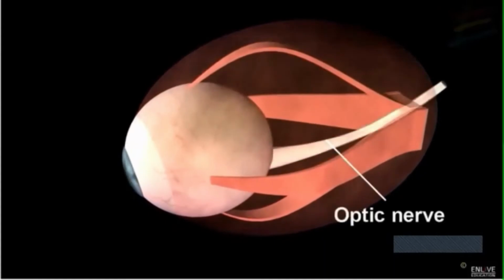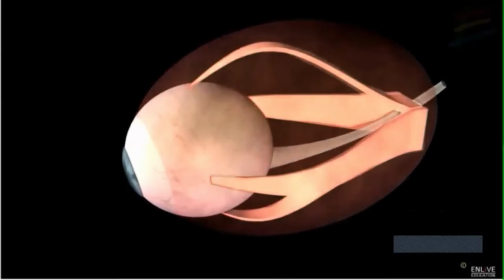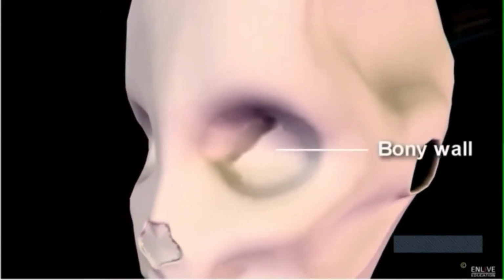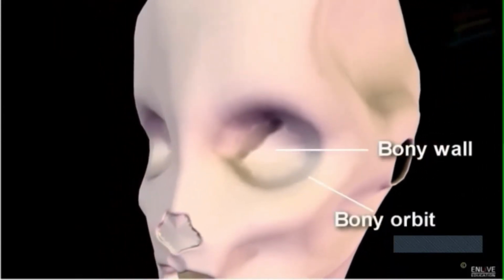Note that this is a white stalk called the optic nerve, which connects the eye to the brain, and also these muscles which move the eyeball. This is the empty eye socket within the skull, with its bony wall inside and a bony orbit in front.